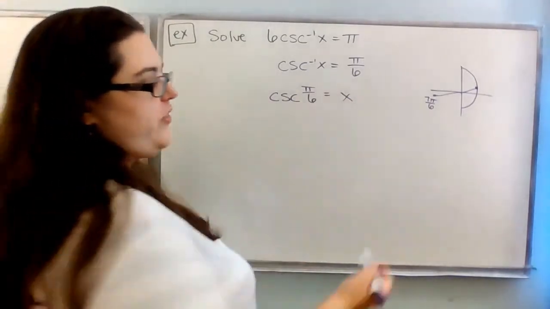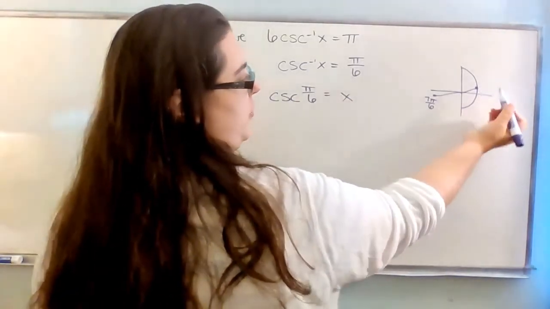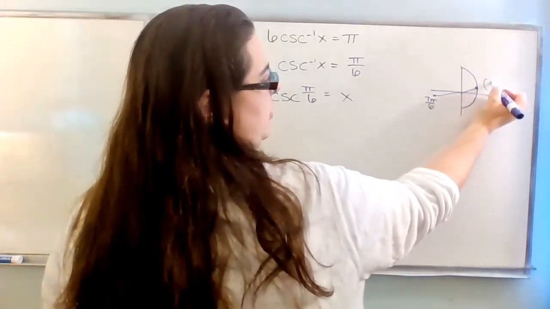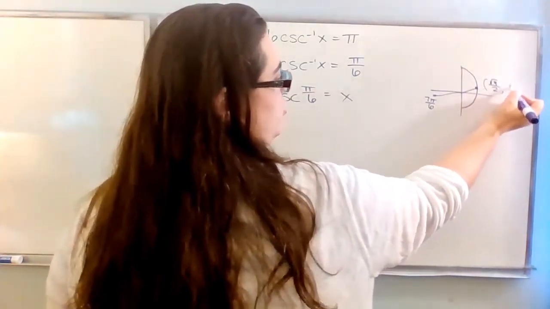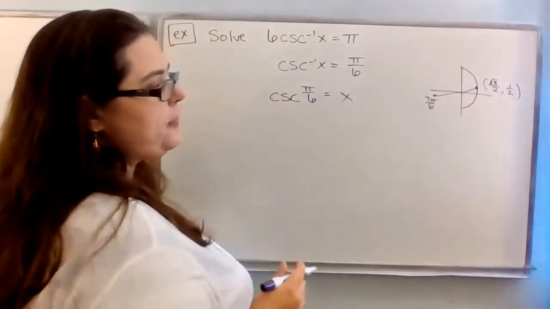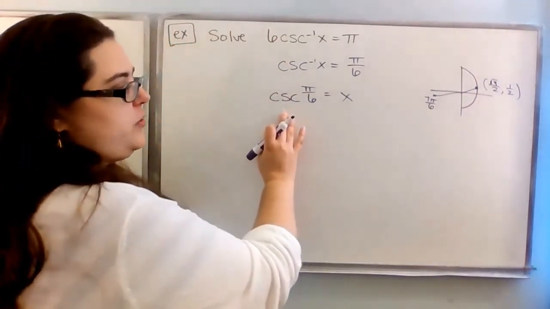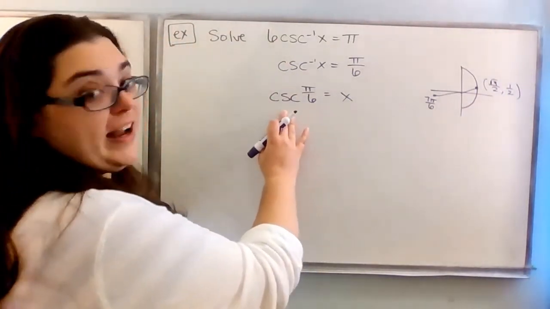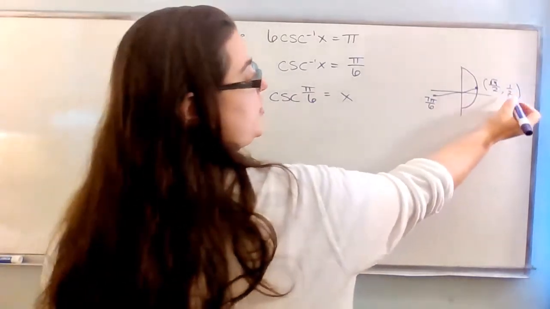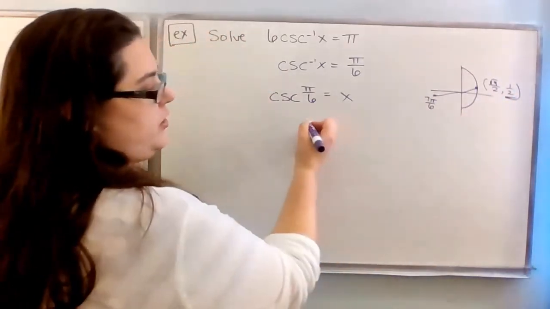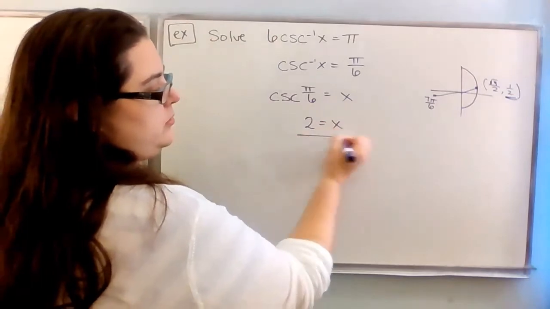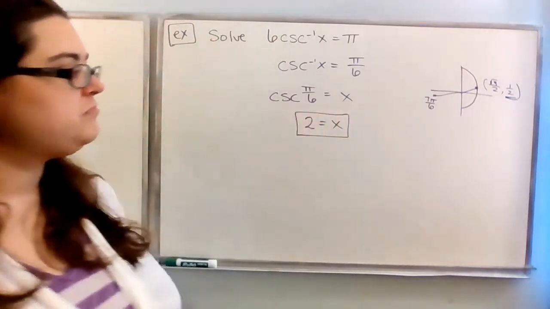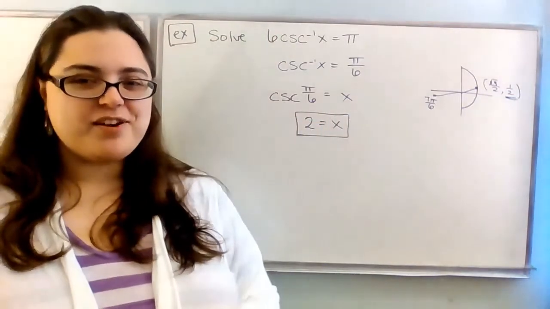If I think about the coordinates of pi over 6, that's going to be root 3 over 2, 1/2. Cosecant is going to be the reciprocal of the y value. So we're taking the reciprocal of 1/2, which is 2. There we go. That's how we solve that equation.